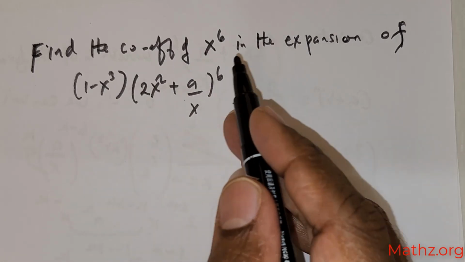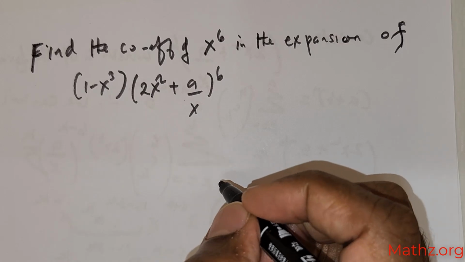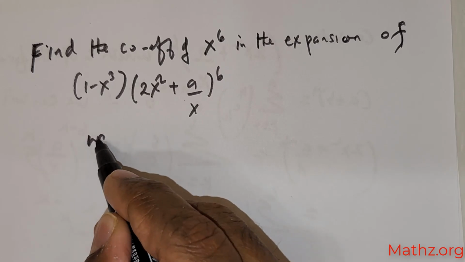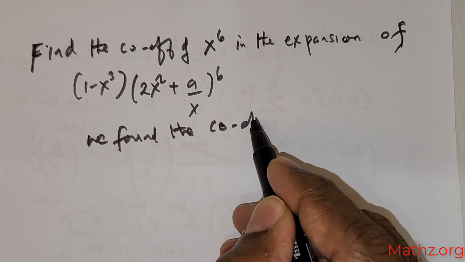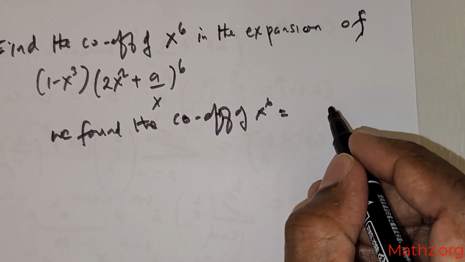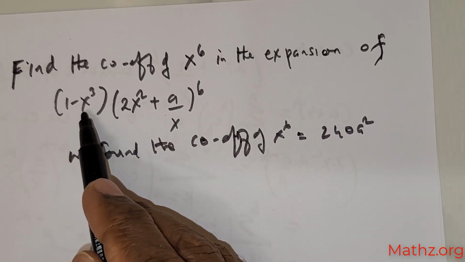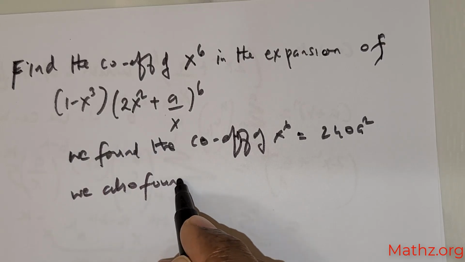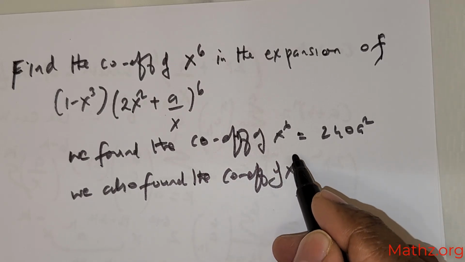Now in this question we are expected to find the coefficient of x to the power of 6. Now in the earlier case we found the coefficient of x power 6 as 240 a squared. Now you have an x power 3 term here, and we also found the coefficient of x to the power of 3.